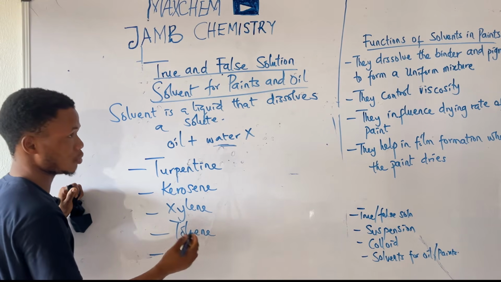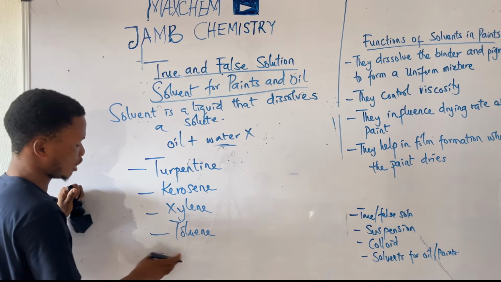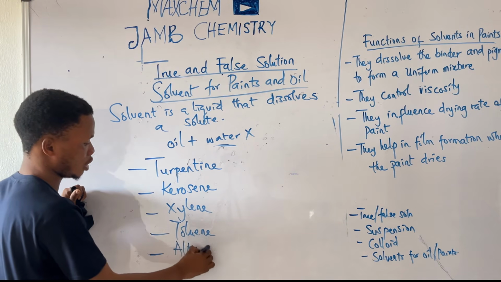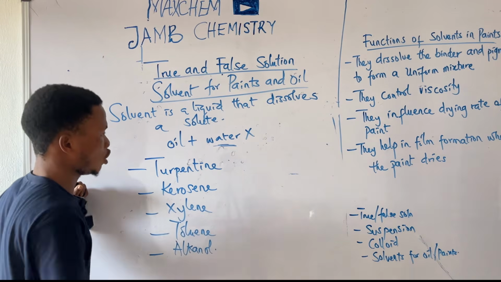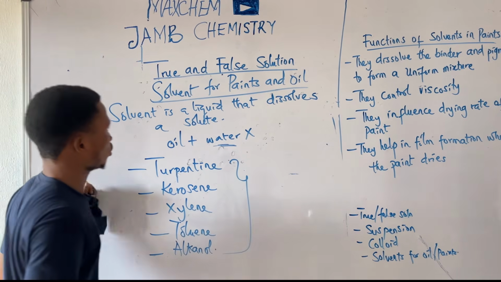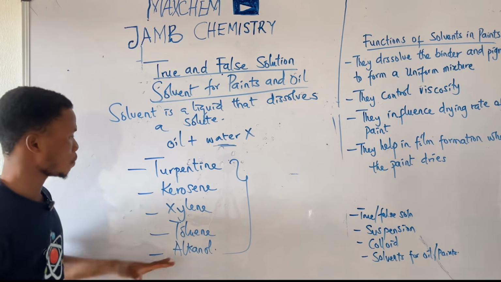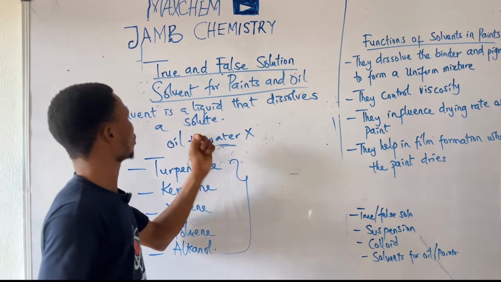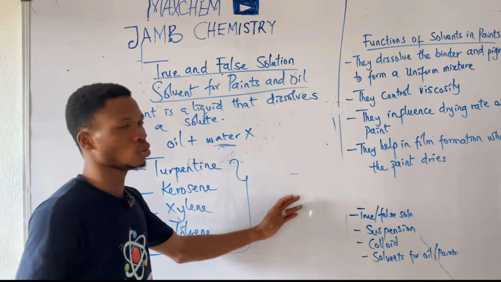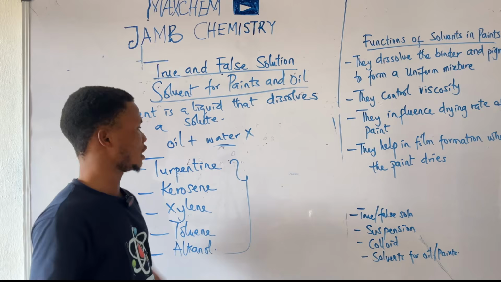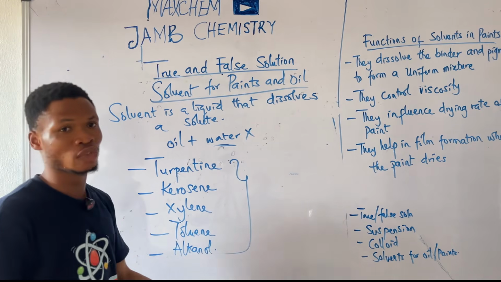Some of our organic compounds, some alcohols, that is the alkanol family. Some of them, you can research more. I would love to see your questions in the comment section. So these are the substances that we use to dissolve paint and oil, and it is because water cannot dissolve paint and oil.